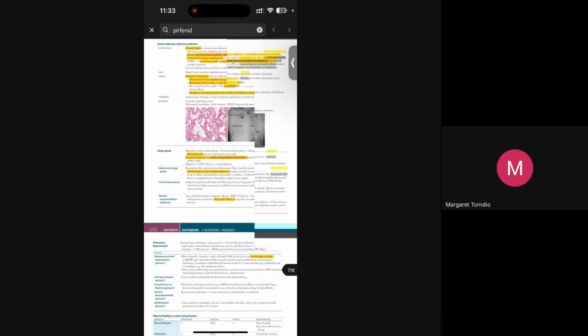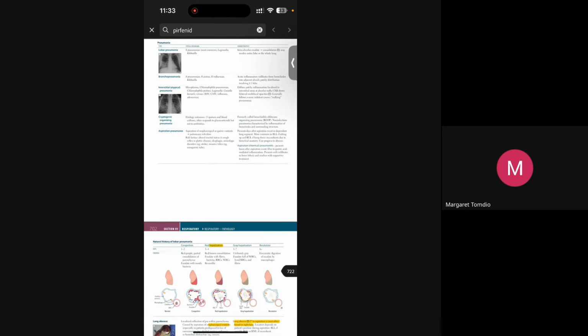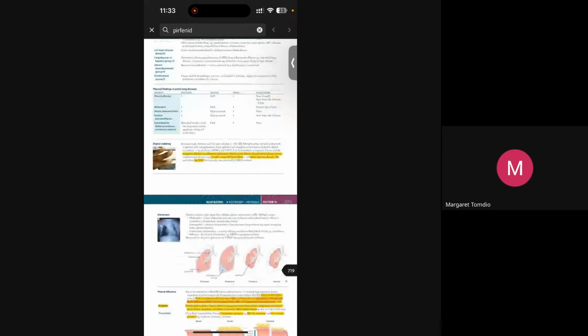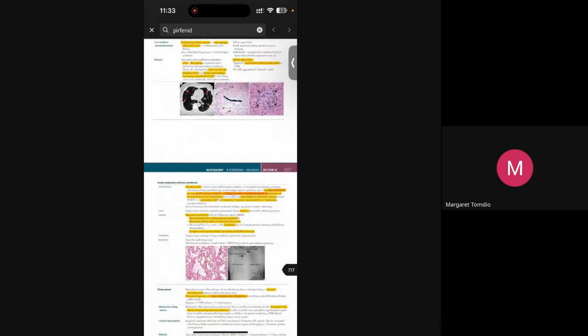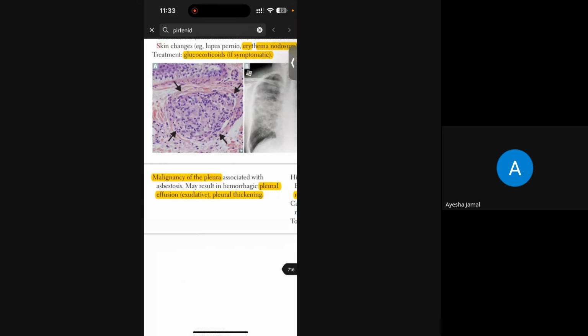Asbestosis, there is asbestosis. Here, okay. Sarcoidosis.